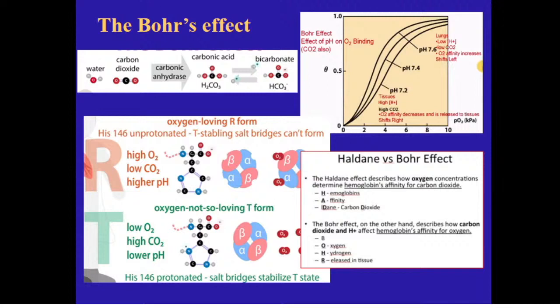So when carbon dioxide is coming, the concentration of protons increases, pH decreases, and this will shift our curve to release oxygen. This is named the Haldane effect. So look, the Haldane effect describes how the affinity of hemoglobin to oxygen depends on carbon dioxide.